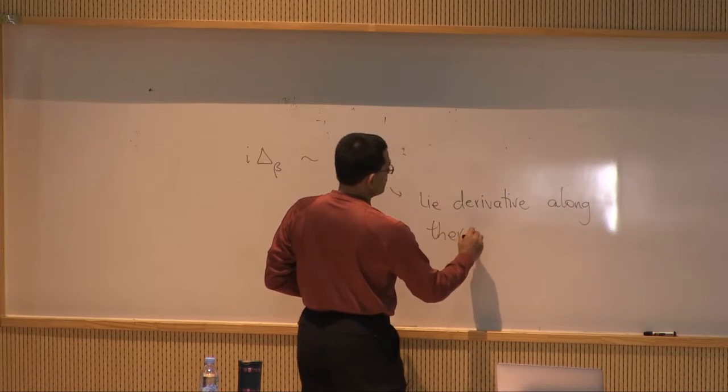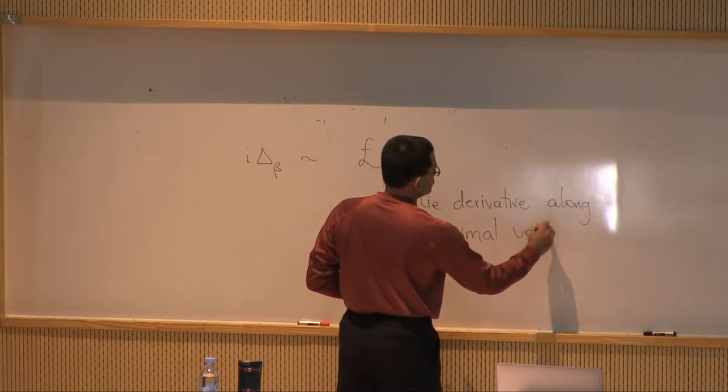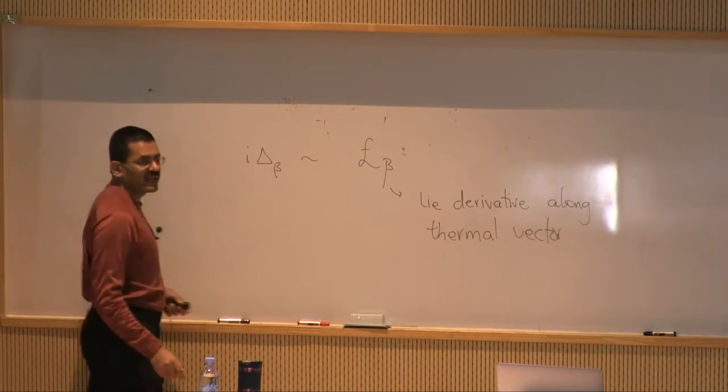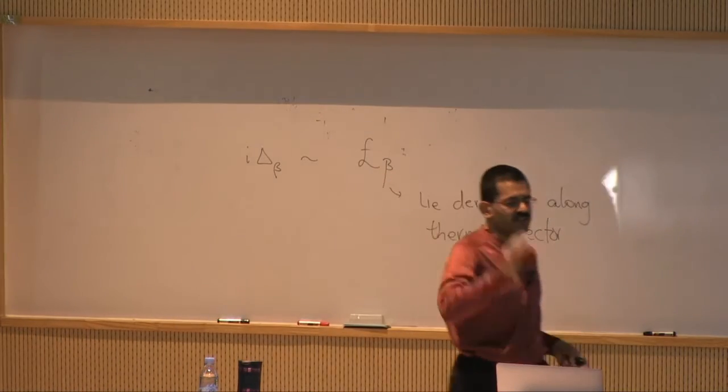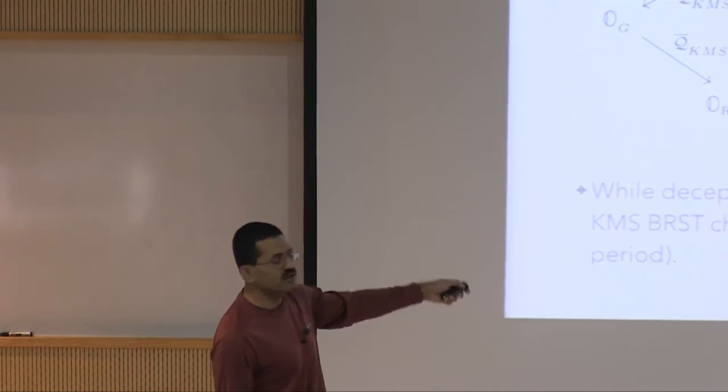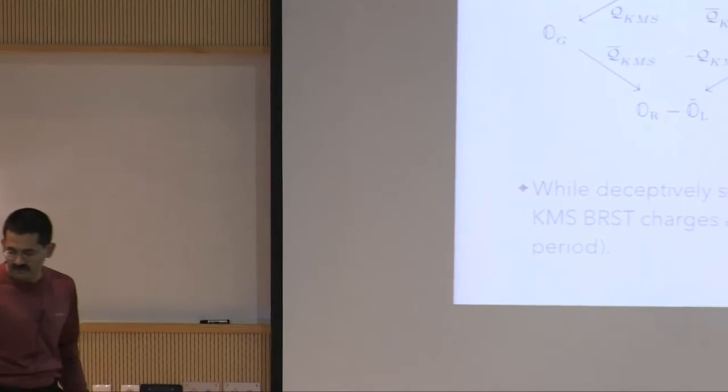So this will be the Lie derivative along the thermal vector. And I insist it's not a thermal translation, it's a thermal diffeomorphism. It's really a Lie derivative because these operators could have non-trivial Lorentz labels, which I have suppressed.